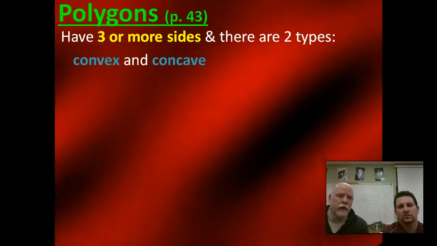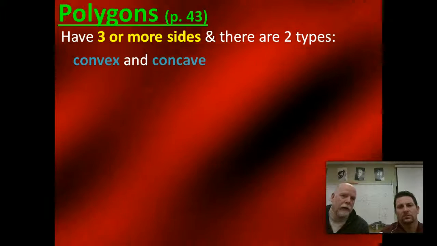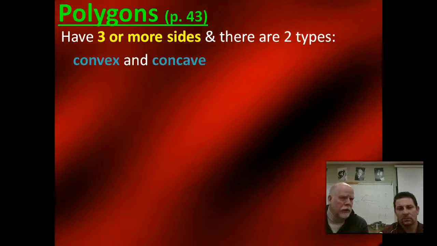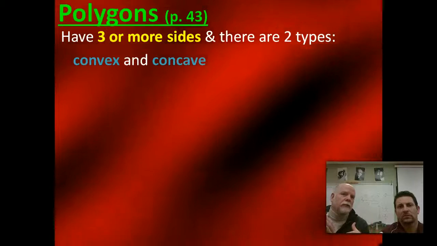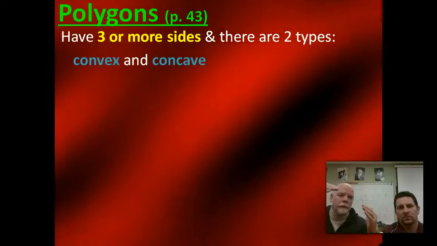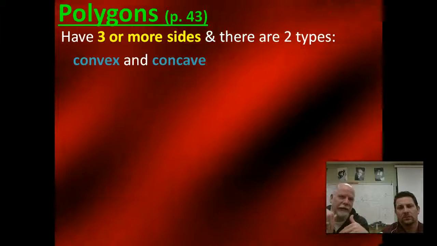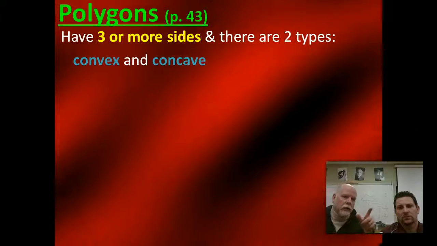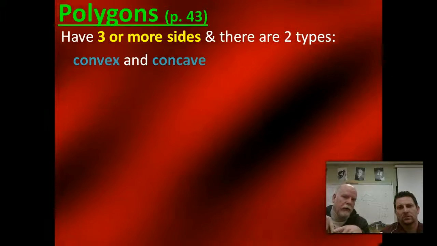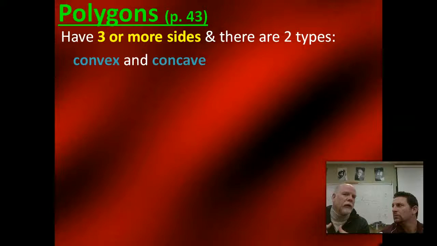Right? And there are two different kinds, convex and concave. Convex are the typical type that we see. The easiest way for me to remember this: concave means that it's caved in somewhere. One of those endpoints is inside the polygon, to where the two sides that meet up at that endpoint kind of cave in to get there.